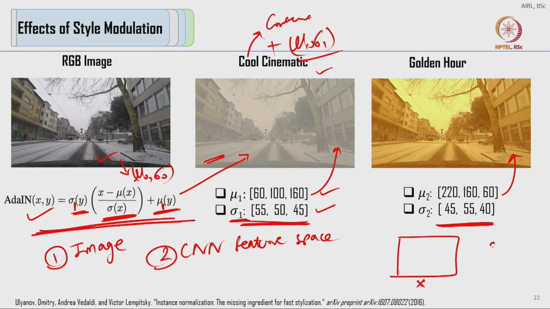What we could do is normalize this and focus on the content part of it, which is C, and we can add style from a different source, or we could manually tune the styles as we have done here and update the same image. You would observe that the content is preserved but the style is modified.